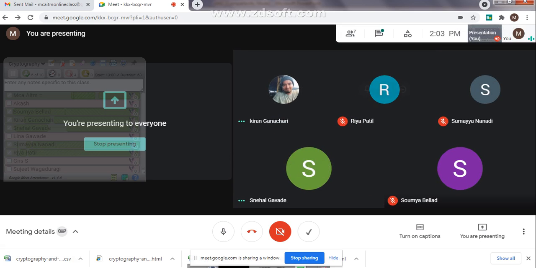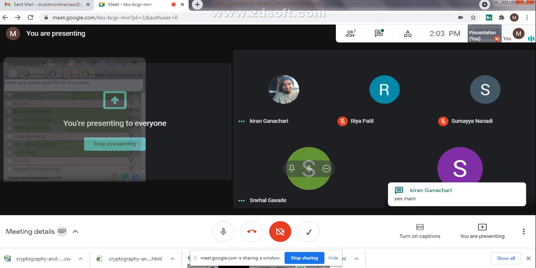But it is somewhat more difficult compared to the monoalphabetic. I hope it is clear, guys. Any doubts with the Playfair? Clear?